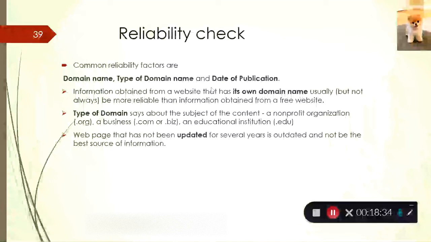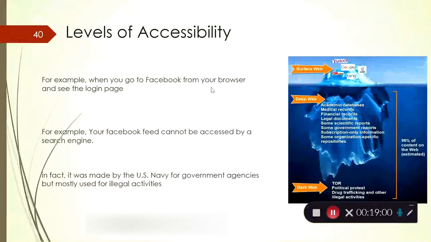You can also check the type of the domain name, that is, the top level domain name. If the content is related to education, and it belongs to the edu top level domain, then you can rely on that. You can also check the updates: if the web page has not been updated for a long time, then it is outdated and not the best resource to refer to.